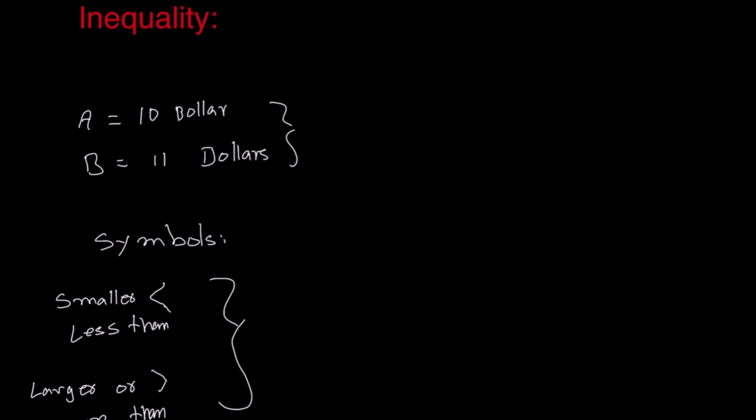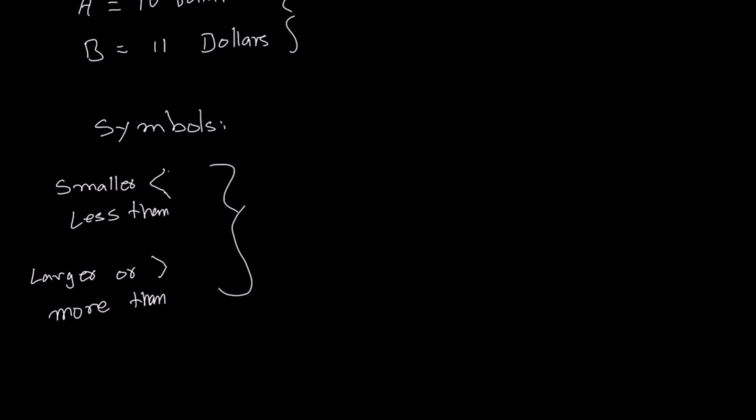So keep this in mind: the wider side, or the larger side, of the inequality symbol is the larger number, the larger quantity. The smaller side of the symbol is the smaller quantity and the smaller number.